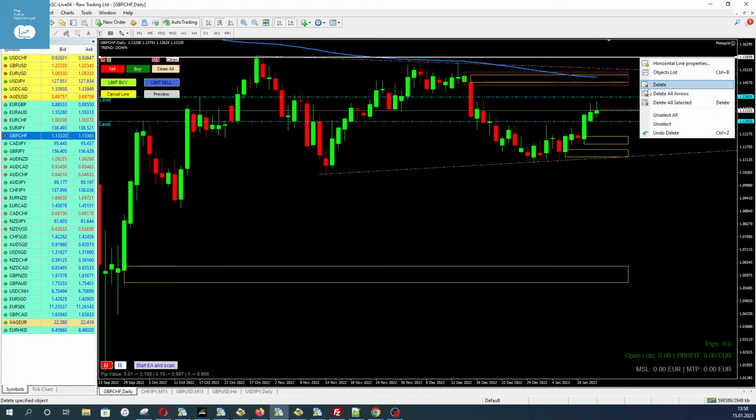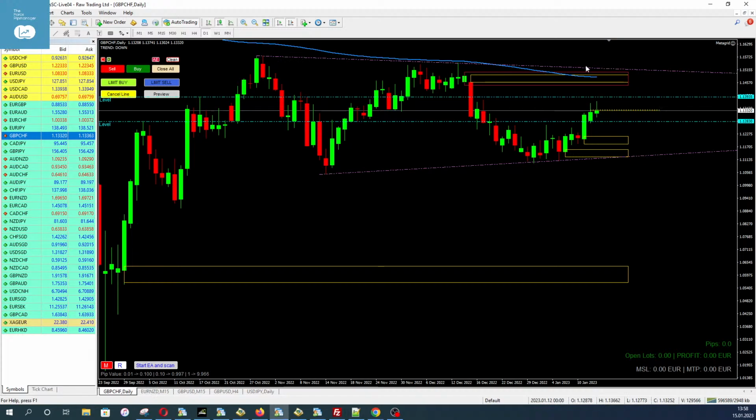Maybe price manages to come into this area in the new week. Let's see how many pips we have to go for this. It's around 100 pips, so for this pair that is basically not a problem to come that far in the new trading week.